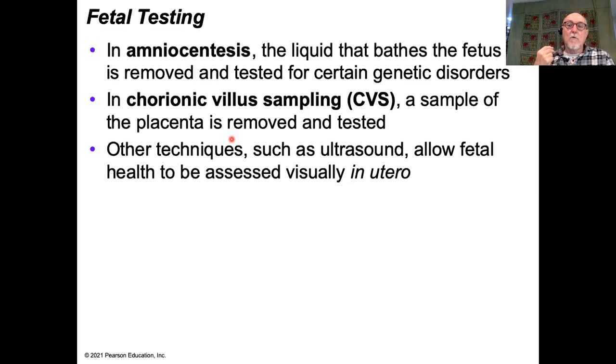Put a needle through the wall of the uterus and take a sample. It usually has fetal cells circulating in it, and from those the genotype can be determined. Very often a karyotype, that is an outlay of all of the chromosomes, can be done to check for chromosomal abnormalities. And there are various other genetic disorders that can be tested for.